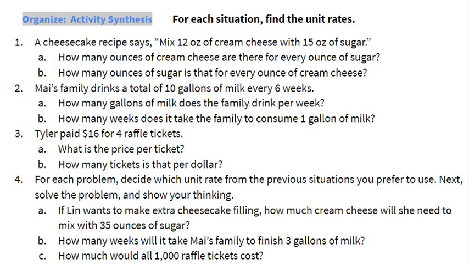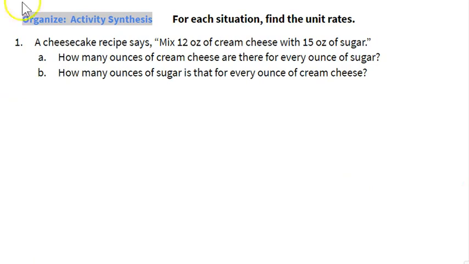Okay, we're not going to go through every one of these, so hang on just a second. In fact, let's just do one practice one real quick here. So a cheesecake recipe calls for mixing 12 ounces of cream cheese with 15 ounces of sugar. How many ounces of cream cheese are there for each ounce of sugar?